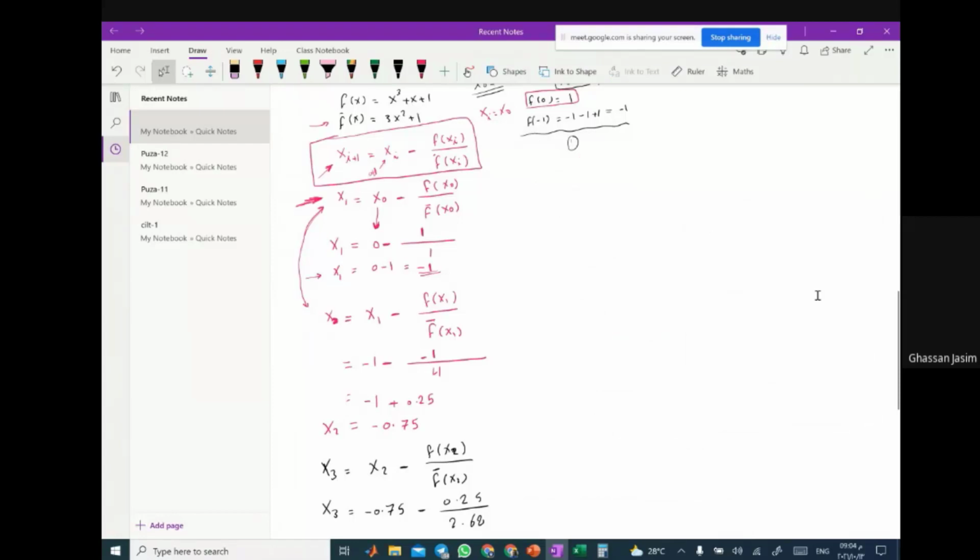Now, what we have is x0, x1, x2, x3. Now, to estimate the error, EA is equal to what? The first error should be x1 minus x0 over x1 times 100.